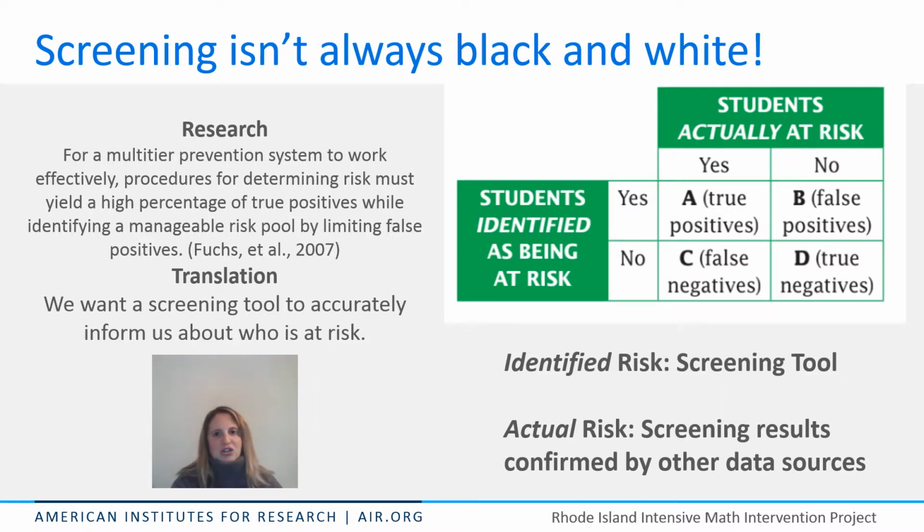All screening measures will misidentify some students as either needing assistance when they do not, false positives, or needing assistance when they do, false negatives. When screening students, educators will want to maximize both the number of students correctly identified as at risk, also known as a measure of sensitivity, and the number of students correctly identified as not at risk, a measure of specificity.